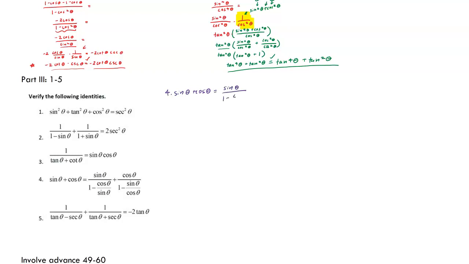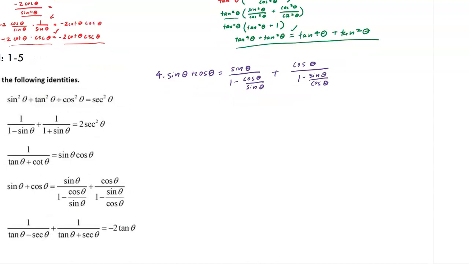1 minus cosine of theta over sine of theta plus cosine of theta, 1 minus sine of theta over cosine of theta. Okay, I think this is the problem that I asked a student in advisory, and there were some 11th graders that were trying to do it, but finally the 10th grade student figured out how to do it.